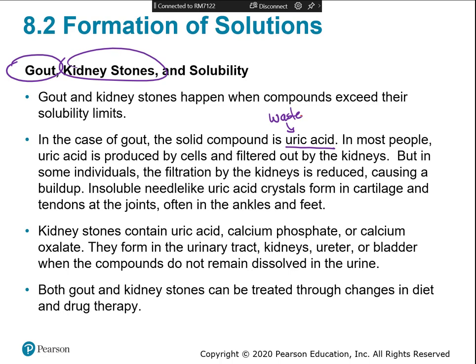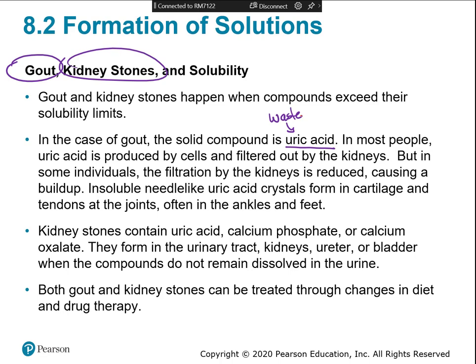It's called uric acid. Most people, uric acid is filtered out at your kidneys and it gets flushed with no issues. Most people never run into issues of having too much uric acid in the body because the kidneys filter it out. But in some individuals, it doesn't get filtered.